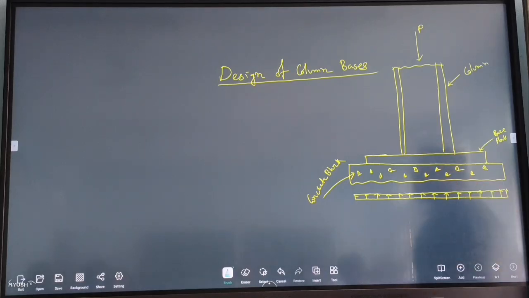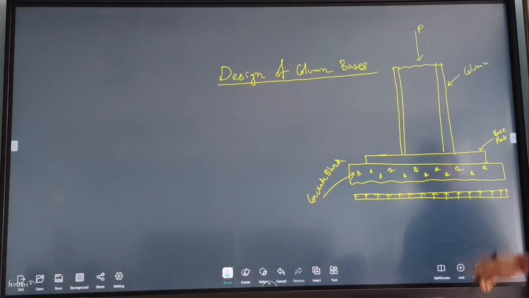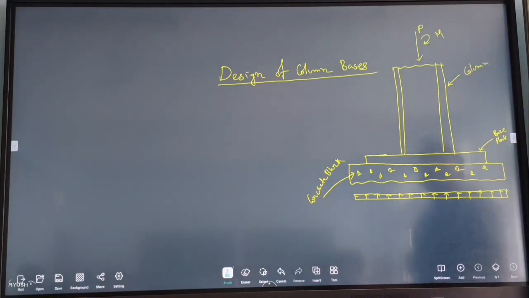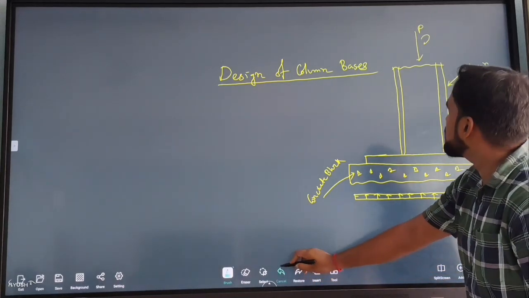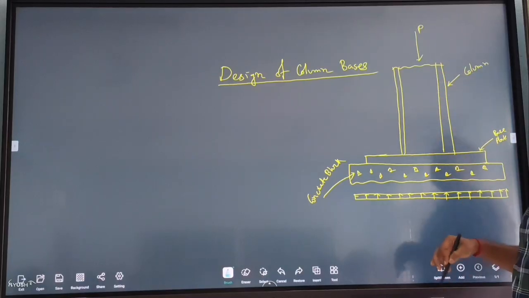Though a column may be subjected to axial load as well as some moments, I am taking only the axially loaded column. The column is subjected to axial load P.